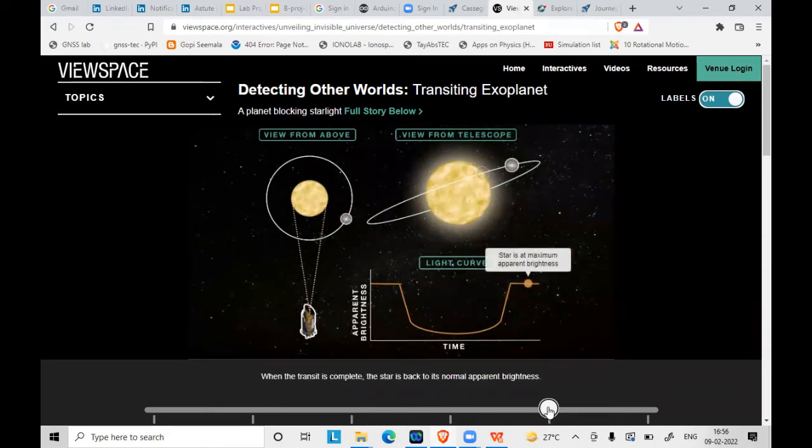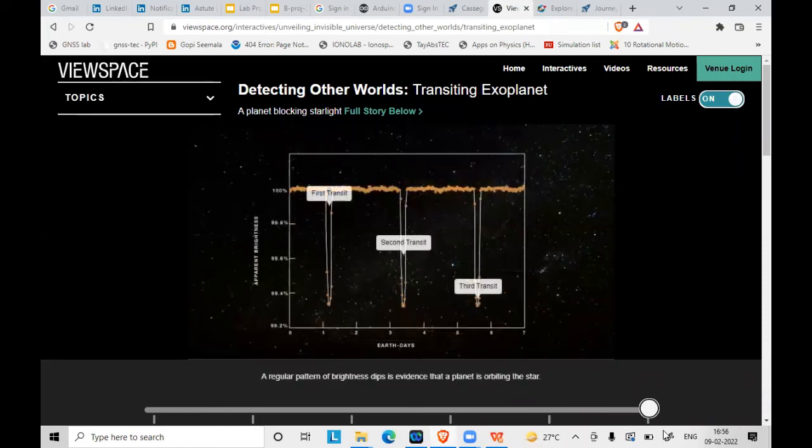It is always possible that a star may not have just one planet revolving around it. A star can have multiple planets revolving around it, and so your dips can always have a combination.